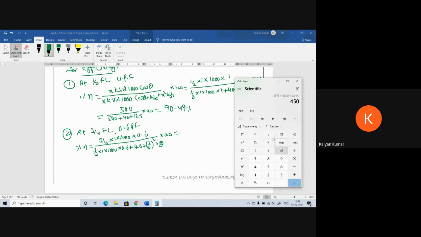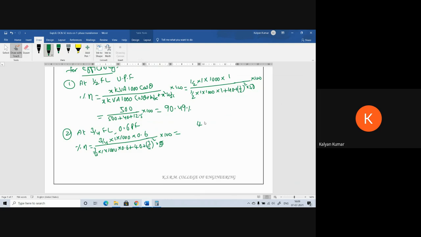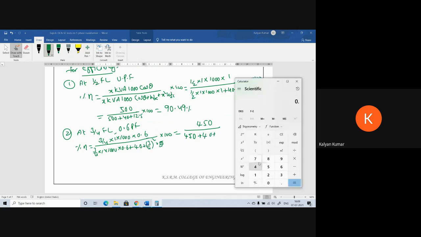So we are going to get 450 as the numerator. 450 divided by 450 plus 40 plus 0.75 square into 50.